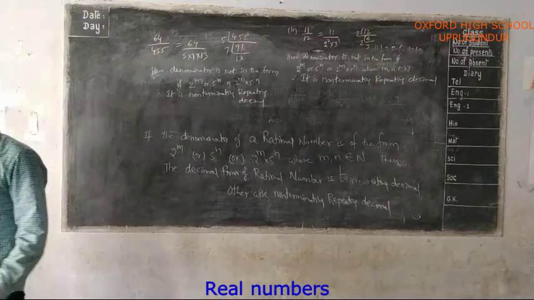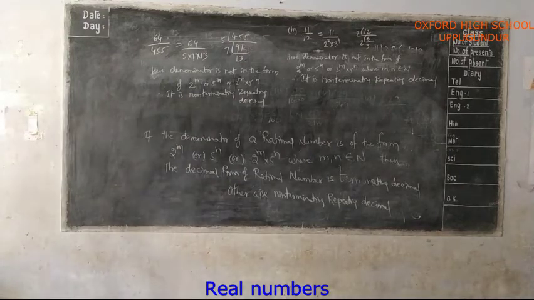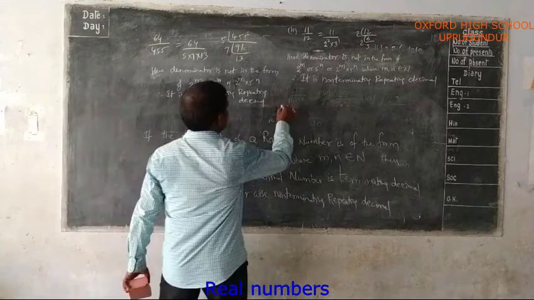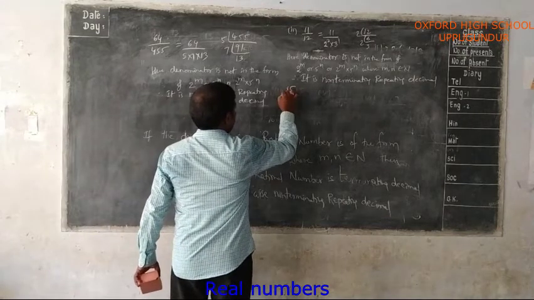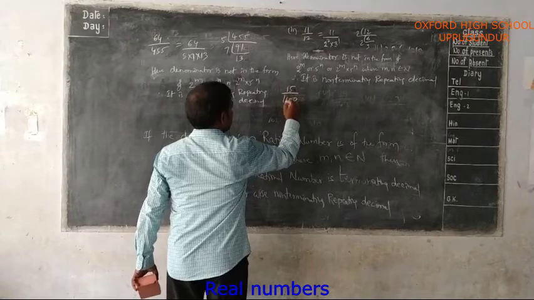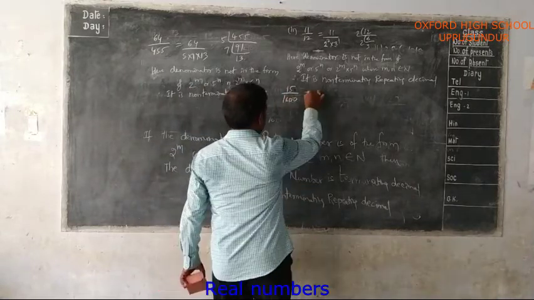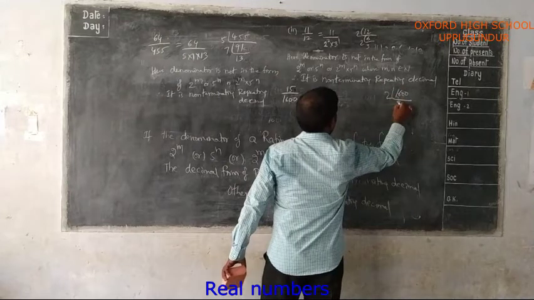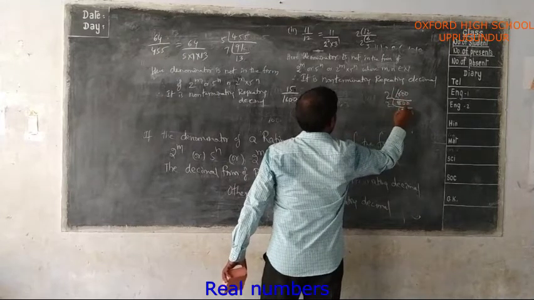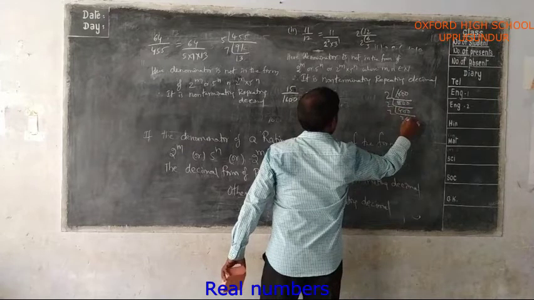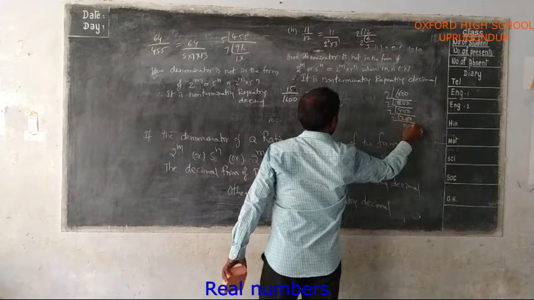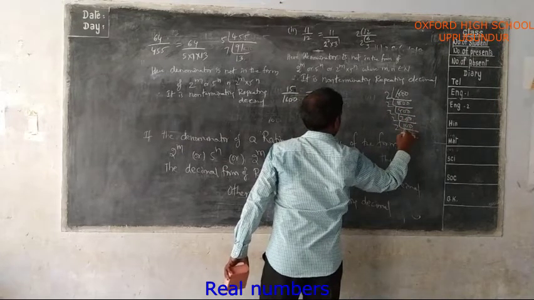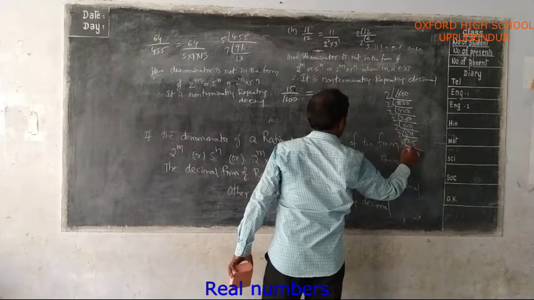Next problem. 15 by 1600. Prime factorization of 1600. 2 800s, 2 400s, 2 200s, 2 100s, 2 50s, 2 25s, 5 5s.